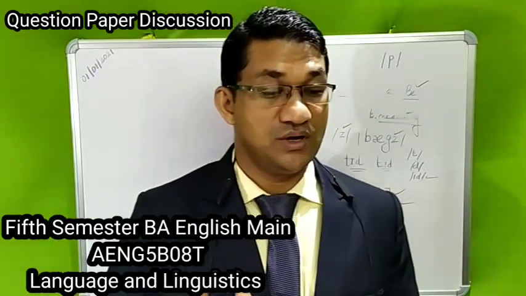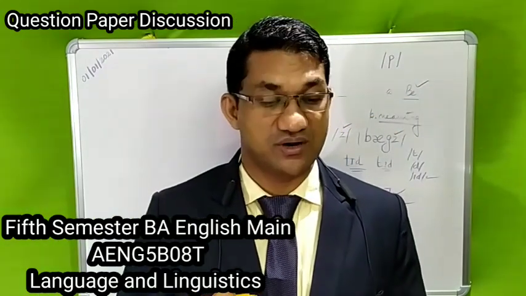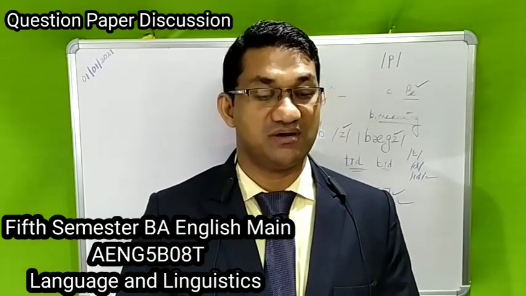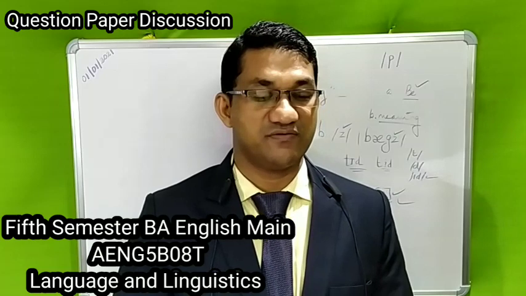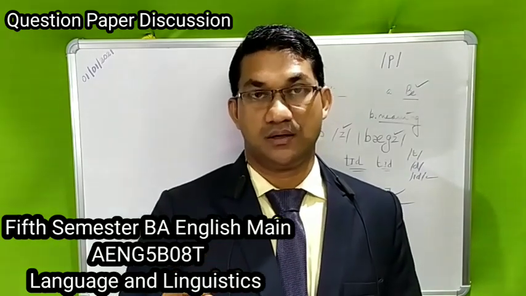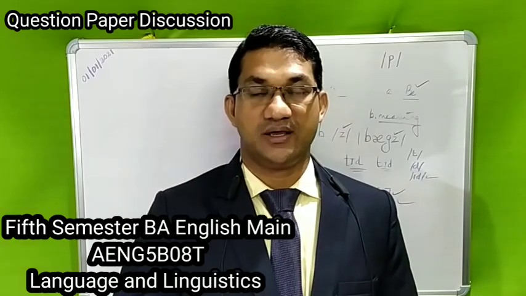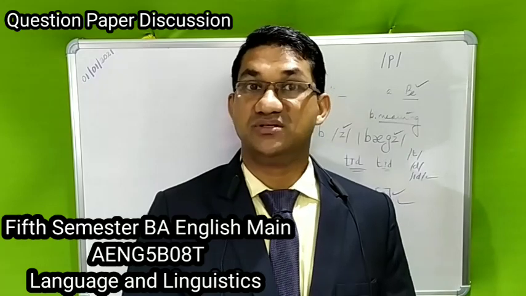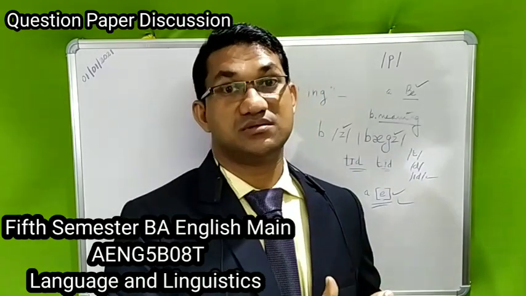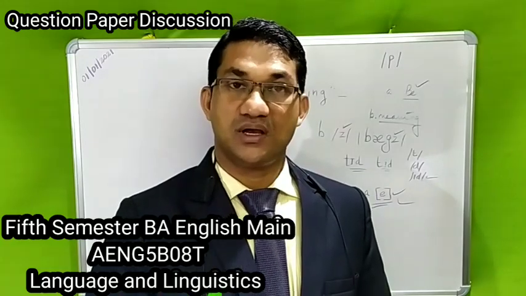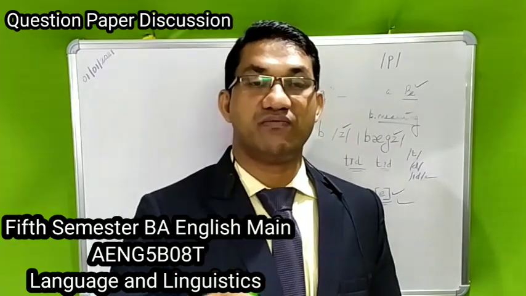Now the next question, what is juncture? Juncture is one of the suprasegmental features, and juncture refers to pause in connected speech. Like we have peace talks. It can be "peace talks" and "peace, talks". So juncture is pause, giving pause.